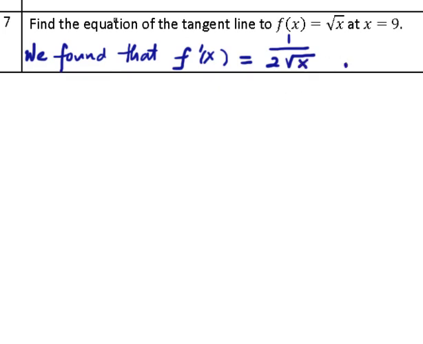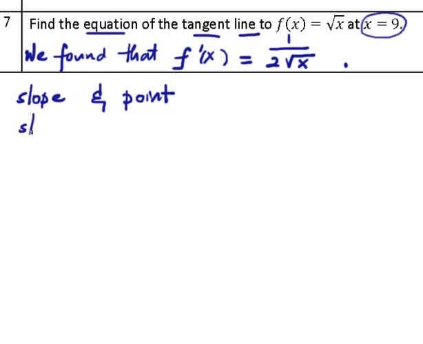All right, so to get the equation of the tangent line, we need two things. We need a slope, and we need a point on the tangent line. For the slope, we use the derivative. Now remember, we want the tangent line at x equal 9.